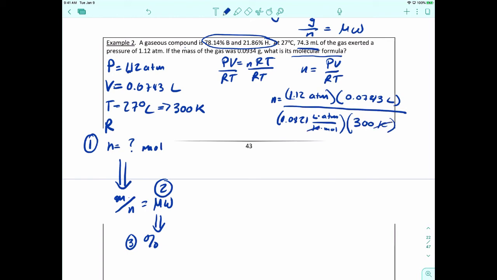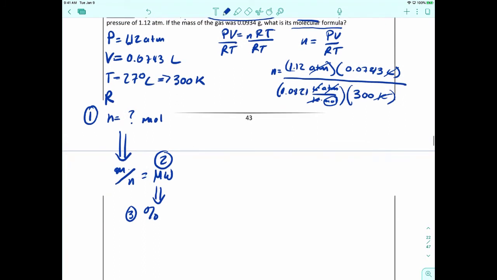And then once we do the fancy divisions, the liters and the atmospheres will cancel out. So the only unit that we're left with is moles. We're good. All right, so when we take 1.12 times 0.0743 divided by the product of 0.0821 times 300, the number I get is going to come out to be something like 3.38 times 10 to the minus third moles.